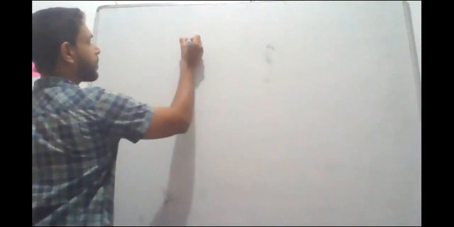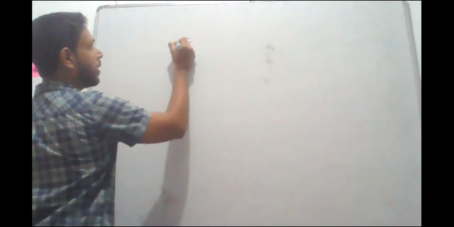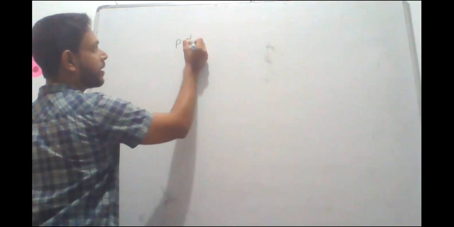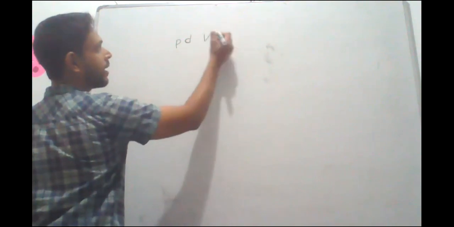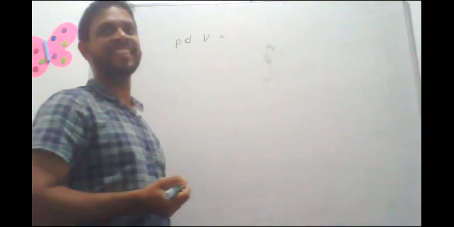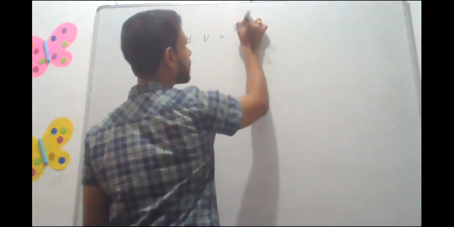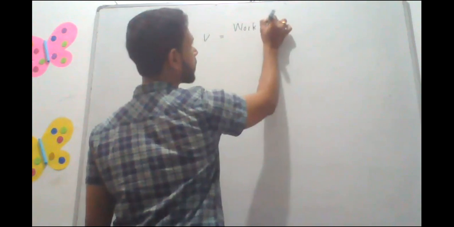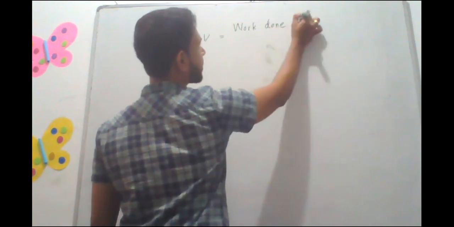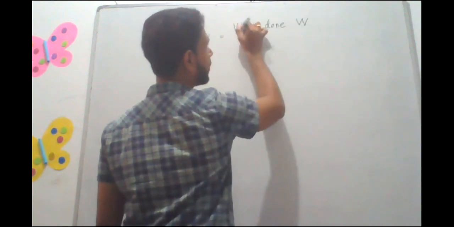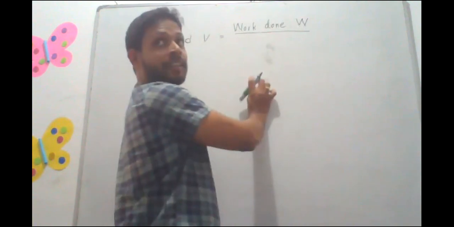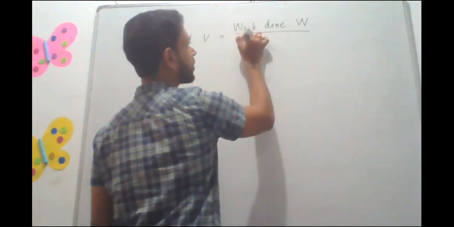First of all, let's write out the equation for potential difference. Potential difference V is equal to work done W divided by charge.